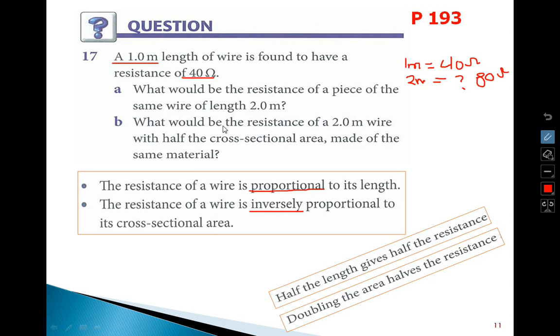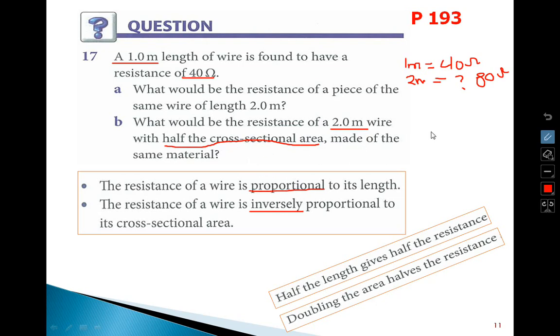I will leave the answer to you. What is the value of R of the 2 meter wire? We had a 1 meter wire, now we have a 2 meter wire with half the cross-sectional area, made of the same material.